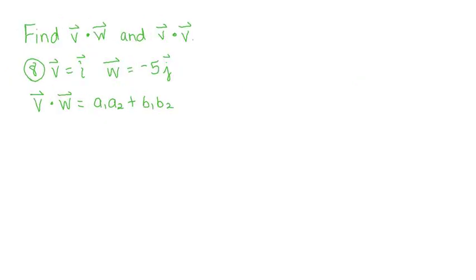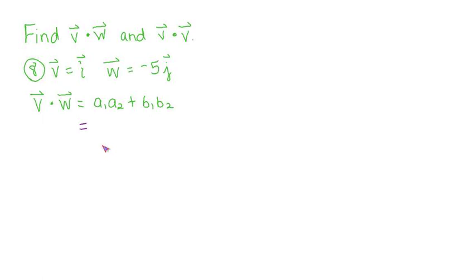Let's look at another example, number 8. If v is the vector i and w is the vector negative 5j, what is the dot product? I've written our formula down again for the dot product. Let's just substitute in.